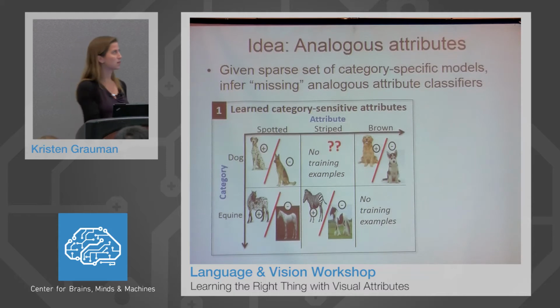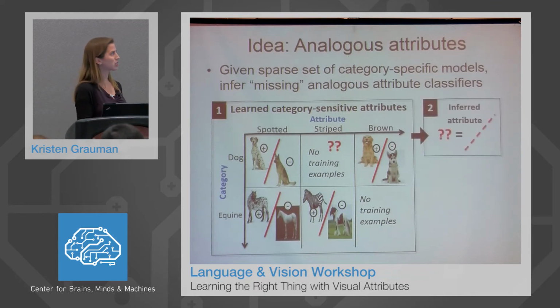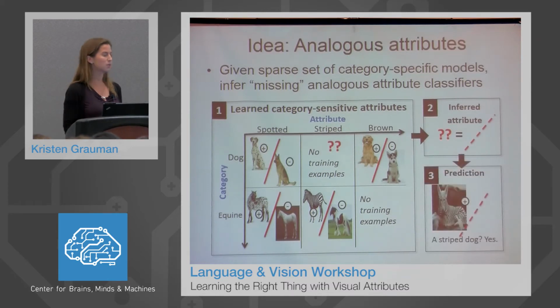But for any of these that are missing, for which, say, we have no or insufficient training examples, the idea will be to transfer between the ones that we've seen explicitly towards those other ones we have never seen. So that now I could actually infer a classifier for an attribute-object pairing that I've never seen. And so, if I've never seen a striped dog, I could still have a specialized striped dog classifier that I transfer from these other models.